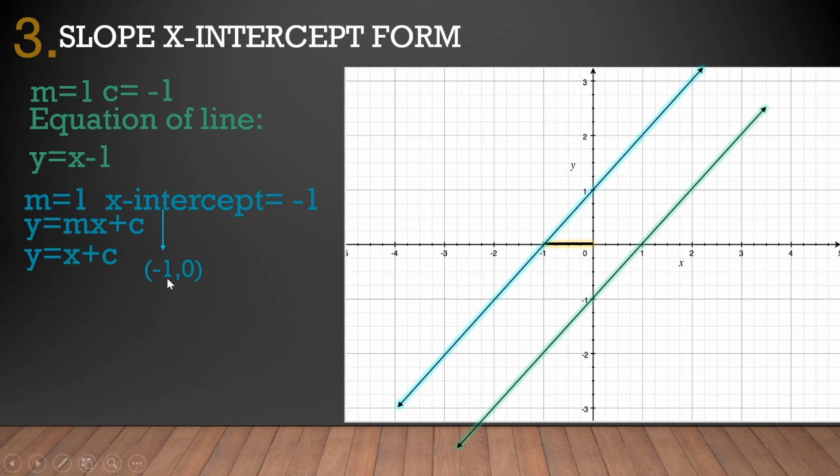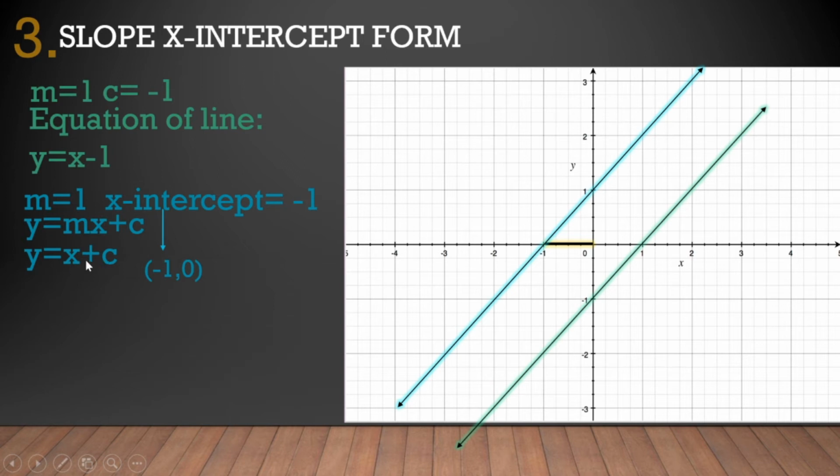So when you have been given this, we can substitute this point here, the x and y coordinates, because y and x here are the general coordinates of any point on the line. If we substitute -1 here and 0 there, we get c equals 1.